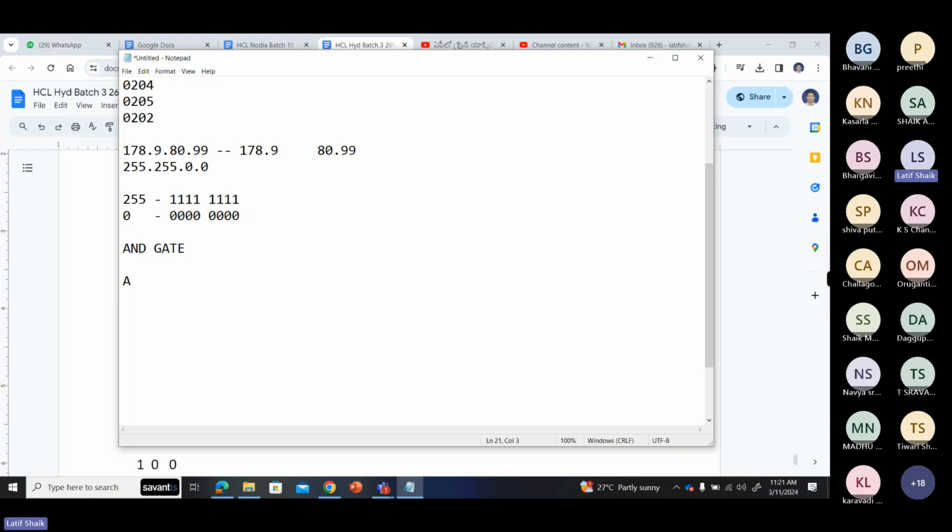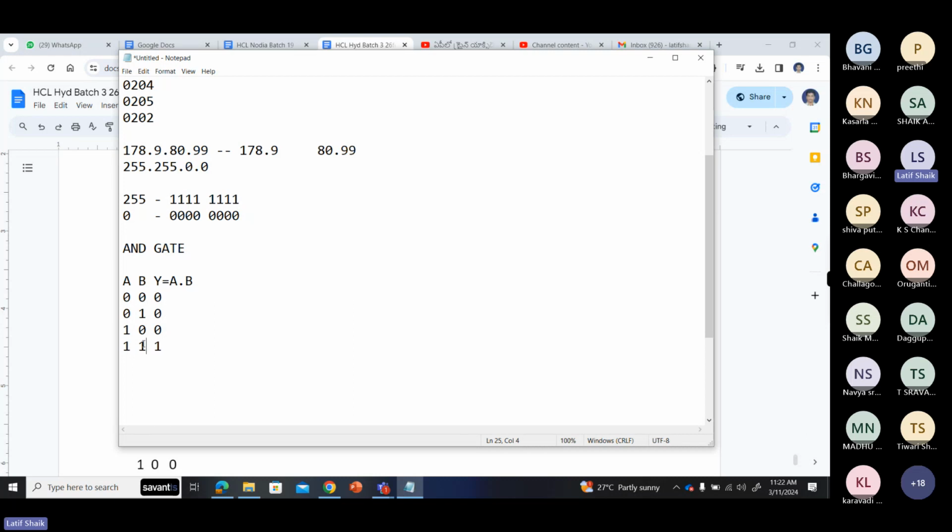You take two inputs, A and B, and Y is the output. The expression is A dot B. If A is 0 and B is 0, the output is 0. If A is 1 and B is 0, the output is 0. If both inputs are ones, the output is 1.